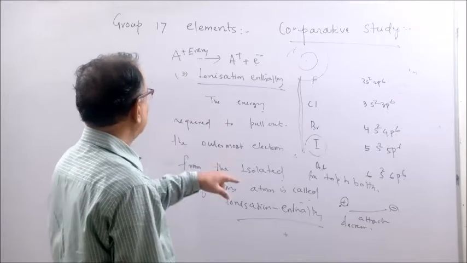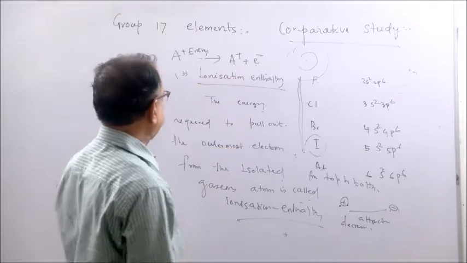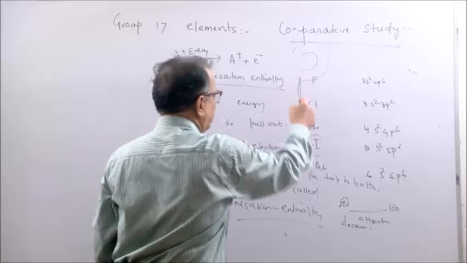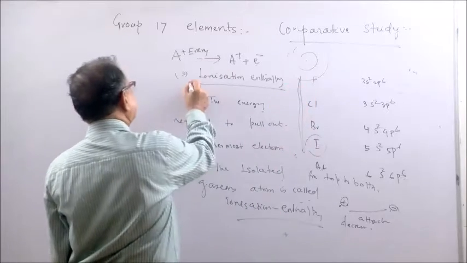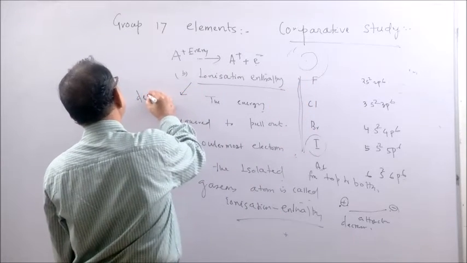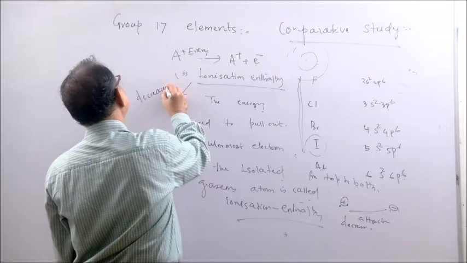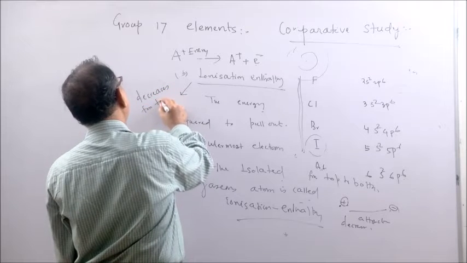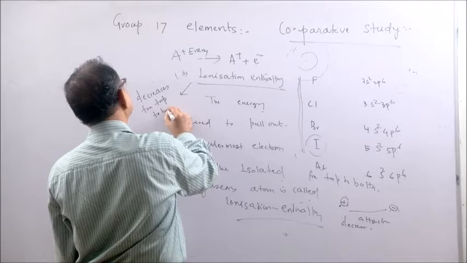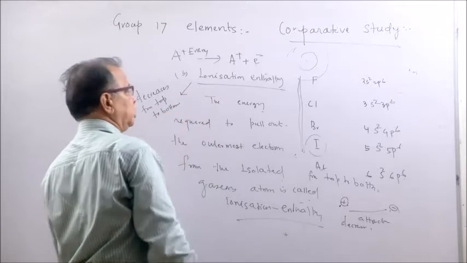Therefore the ionization enthalpy decreases from fluorine to astatine, from top to bottom.